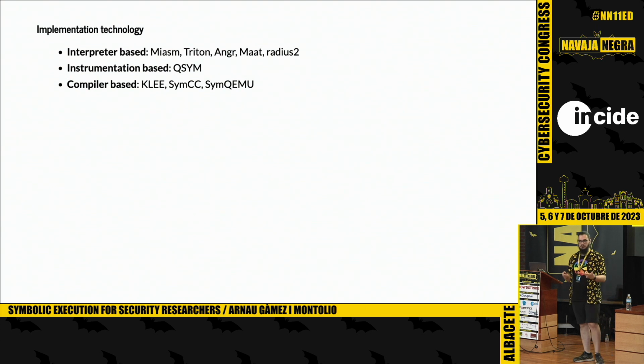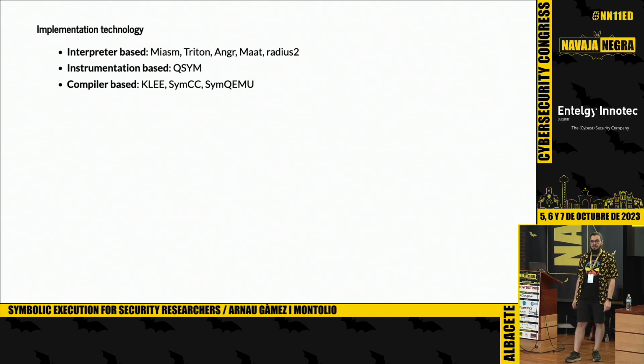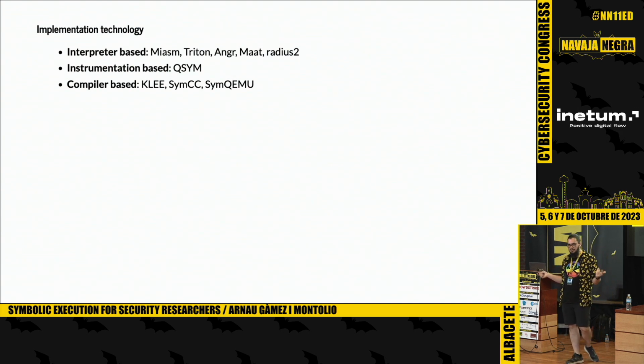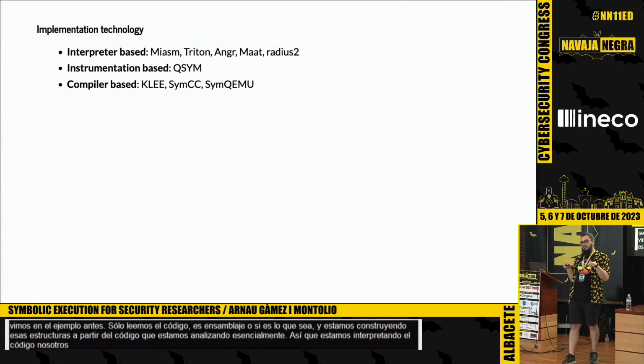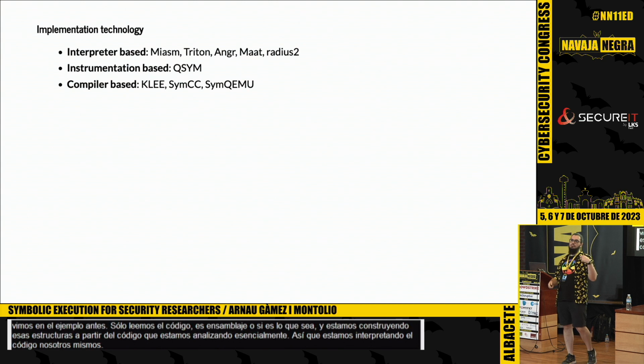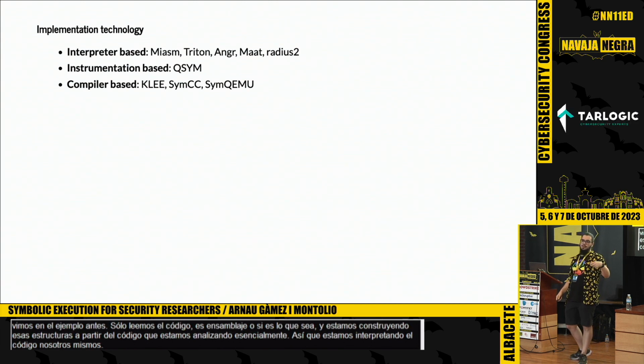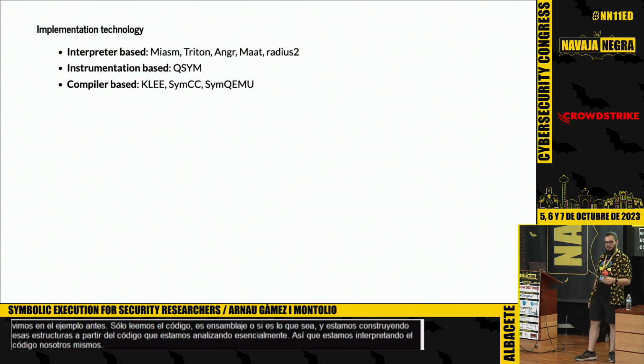So we are interpreting the code ourselves. We also have instrumentation-based, which is, well, get a binary, instrument the binary with Intel Pin, with Frida, you name it, and plug this construction of the path constraint and the symbolic execution in at runtime while you have instrumented all the functions. So all the structures are being generated at runtime with instrumented code.